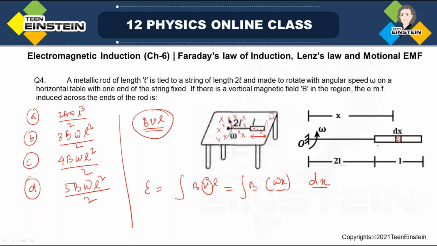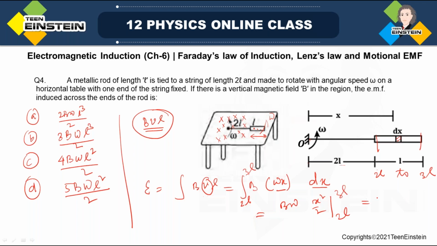We need to find the EMF across the length of this rod itself. The rod goes from 2L to 3L, so you have to take the limits from 2L to 3L. B and omega are constant, so this will be x square by 2 with limits 2L to 3L.